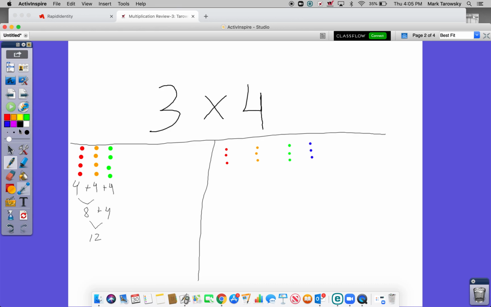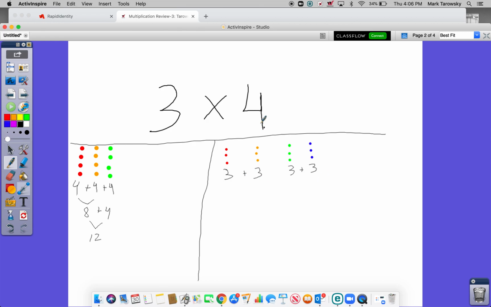Now the benefit of doing this is, think back to some of our earliest lessons, odd and even. 4 is an even number, so we have an equal number of groups. That way everything becomes a double. Think about your math facts. Those doubles are always easiest. 1 plus 1, 2 plus 2, 3 plus 3. Doubles are always easier. You guys know those so fast.